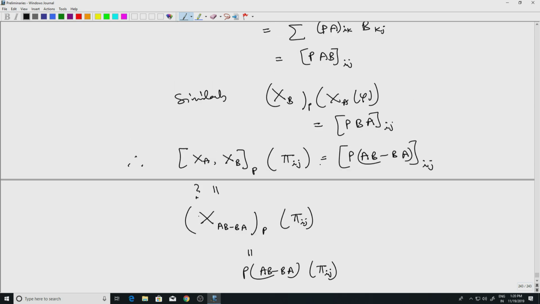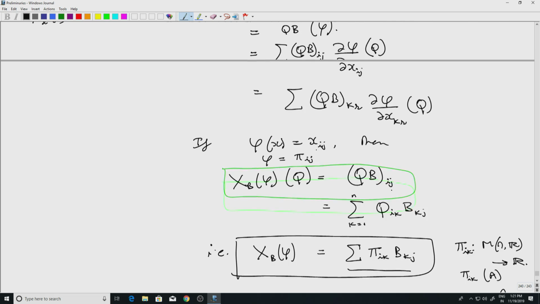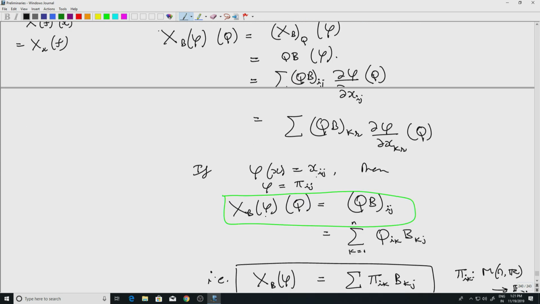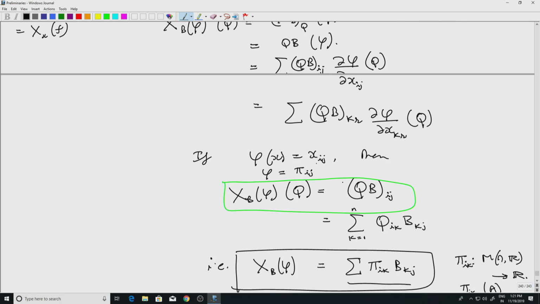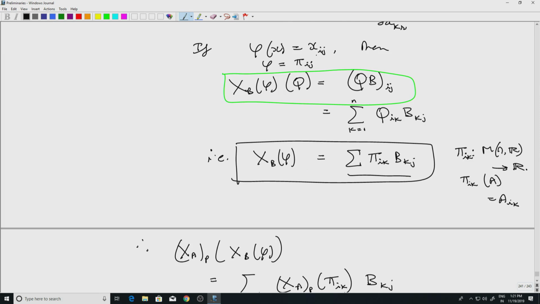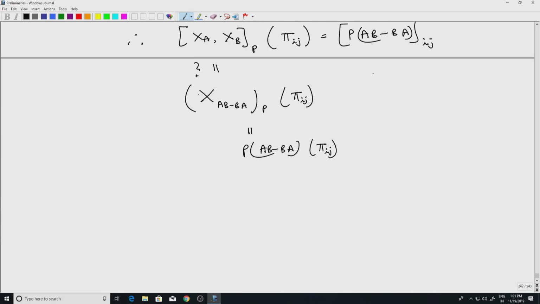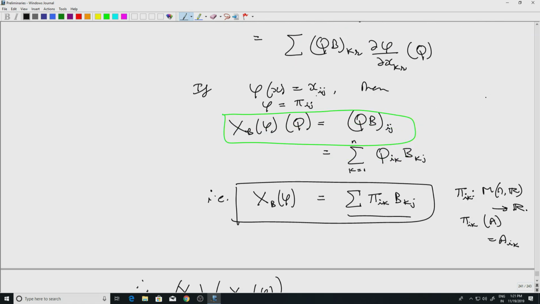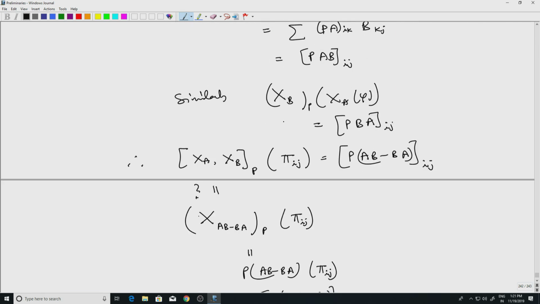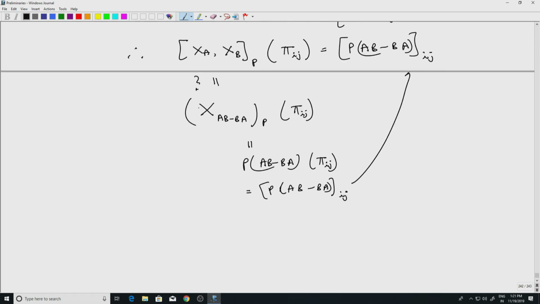And we have already seen this: when a left invariant vector field acts on this special function pi_ij, what one gets is essentially the ij-th entry of PAB minus BA. It's the same calculation that was involved in this green box here. So we have used that twice. So this and this are the same.